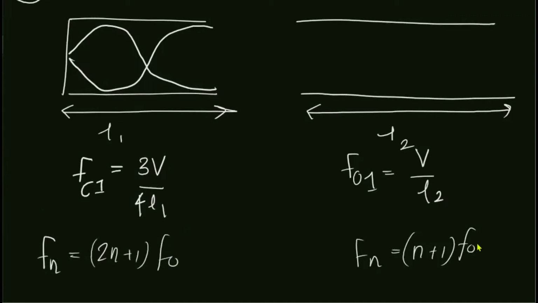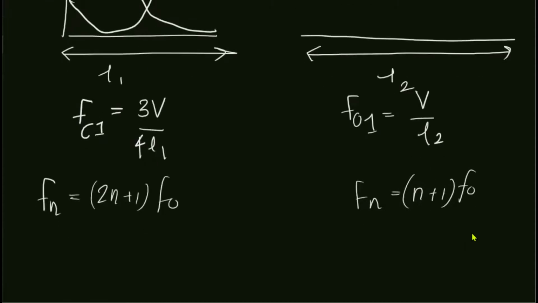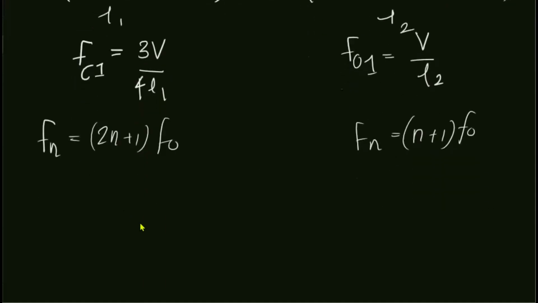The fundamental frequency of an open end tube is v over 2L2. For the first overtone, 2 plus 1 is 3, so 3F naught for the closed pipe, and 1 plus 1 is 2, so 2F naught for the open pipe.